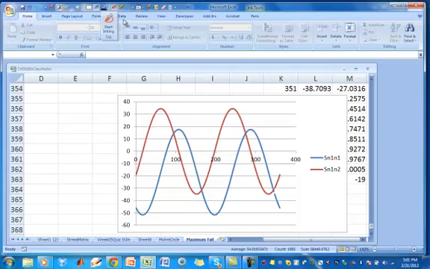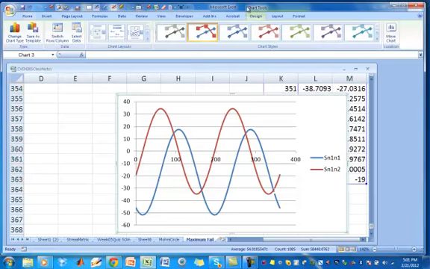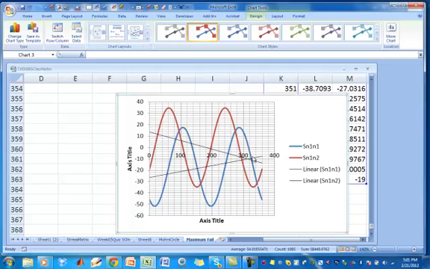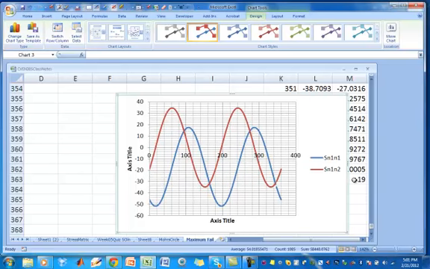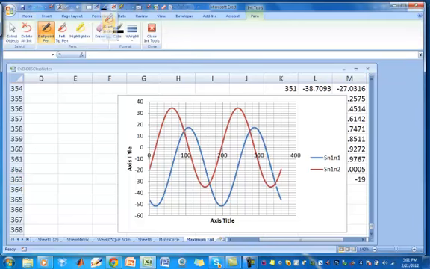We don't want all this linear business, so delete. Okay, so now we have the two graphs. Just to make sure, I want you to understand that that graph is the tau graph. This is the sigma graph.